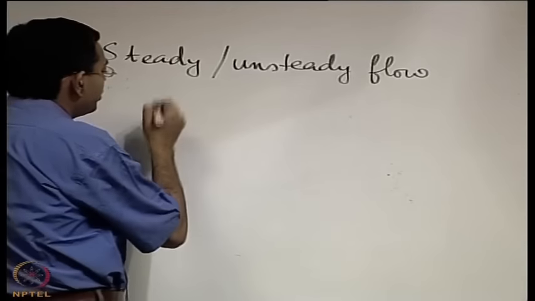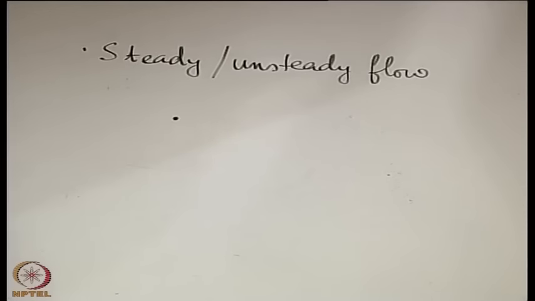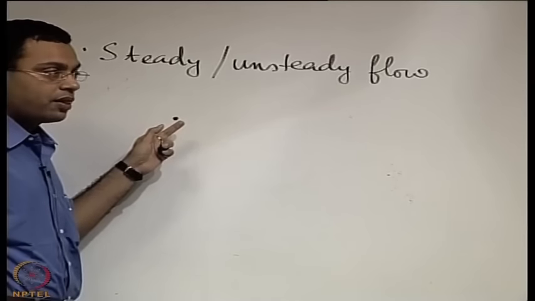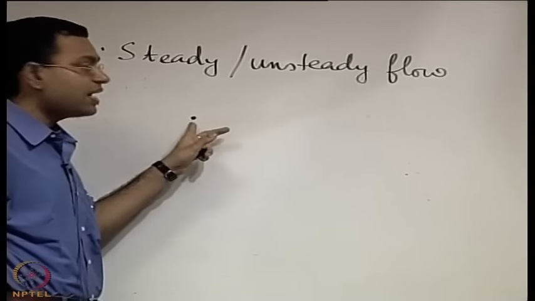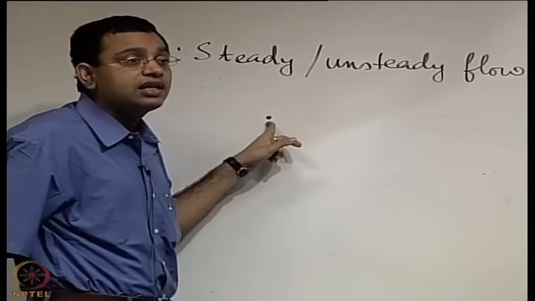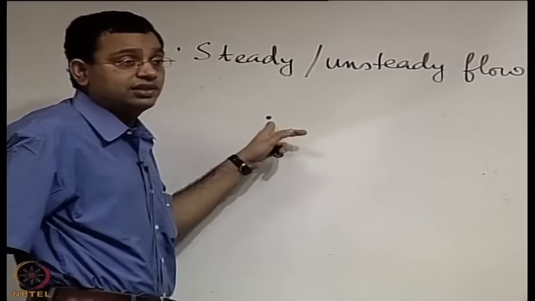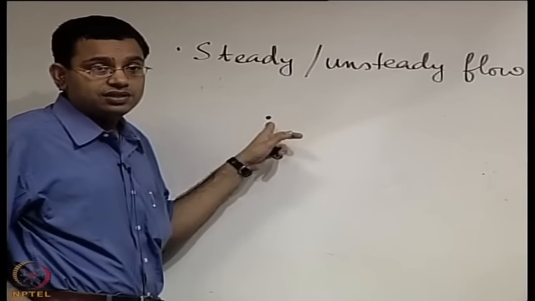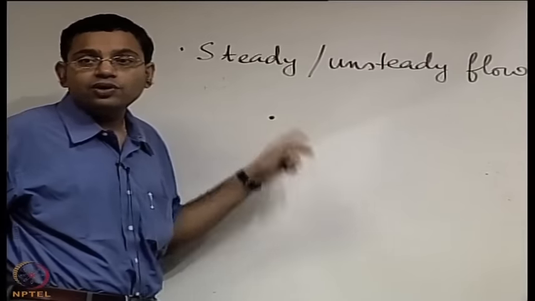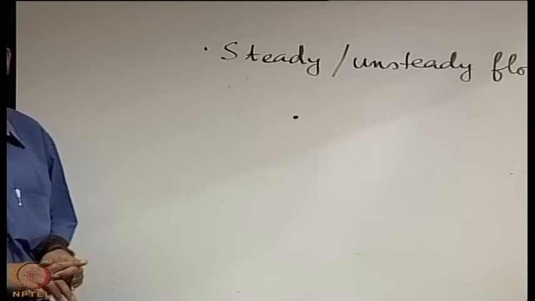Whenever we are trying to focus our attention at a point, say by following the Eulerian approach, we are interested to see whether the flow velocity or fluid properties at that particular point are changing with time or not. So if at a specified location the fluid properties or the flow velocities are changing with time, then we call it an unsteady flow, but if that is not changing with time, then we call it a steady flow.